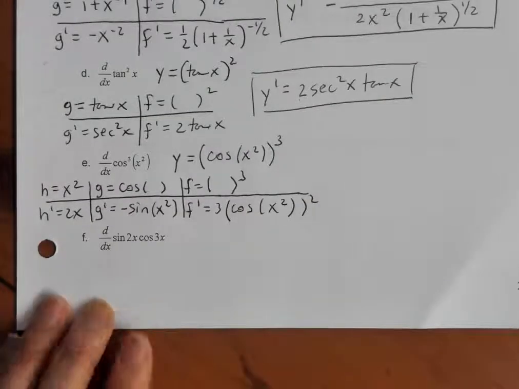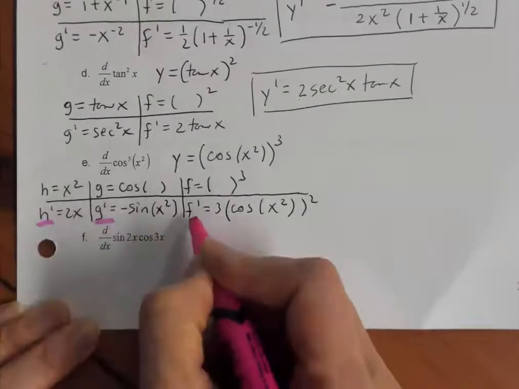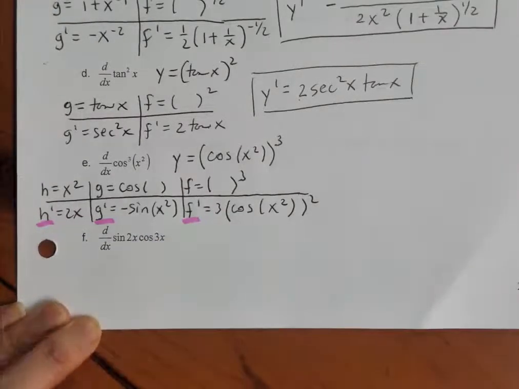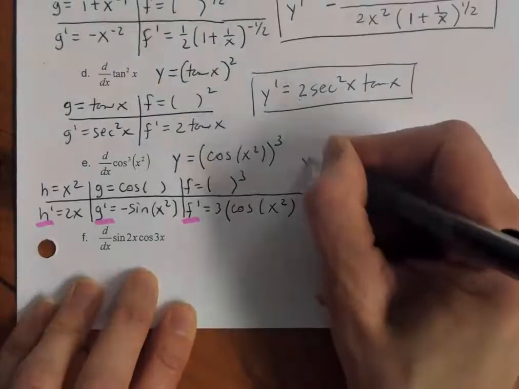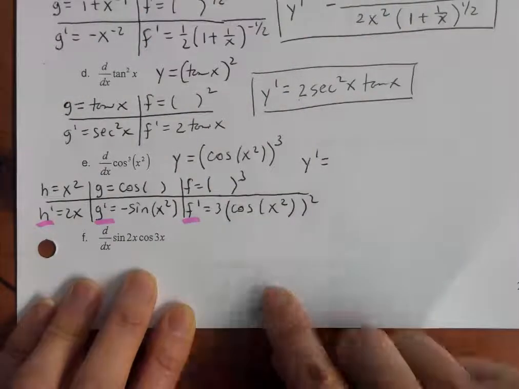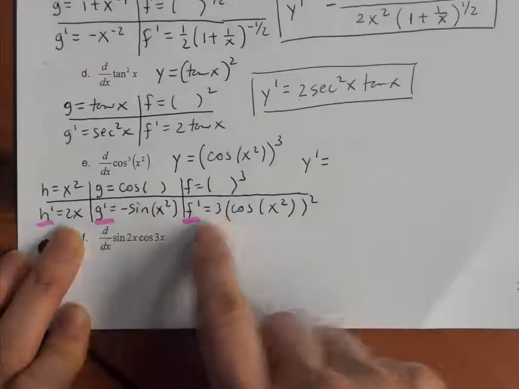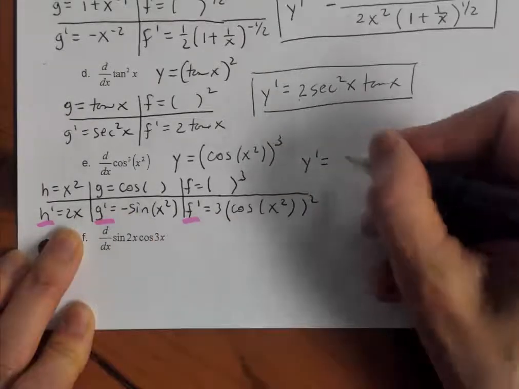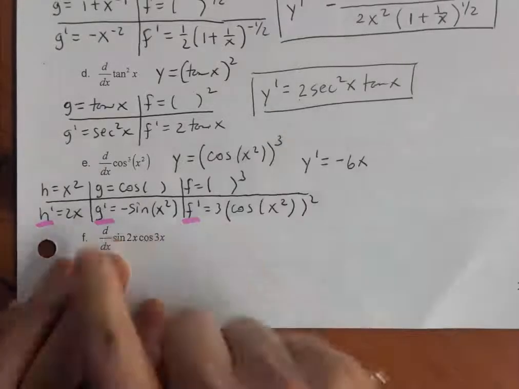Okay, so then my final answer is just going to be this times this times this. Just multiply all of them together and then make it look nice. All right, so what is my y prime? Y prime is going to equal, so let's see, I have a 2 and a 3 and a negative, so that'll make it a negative 6x.